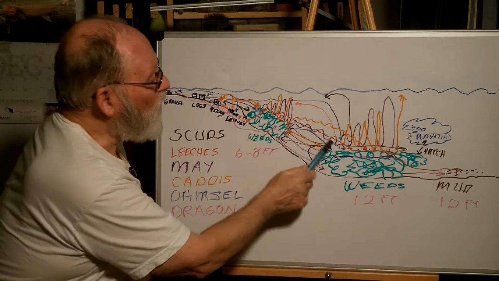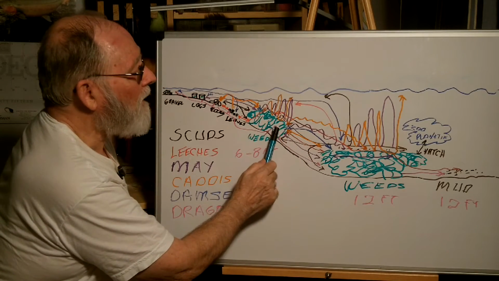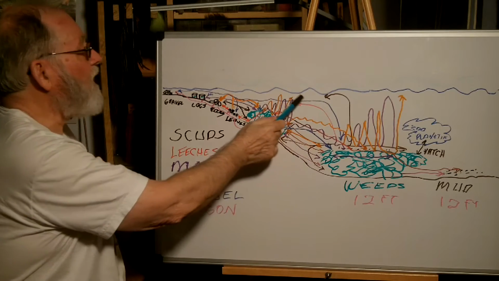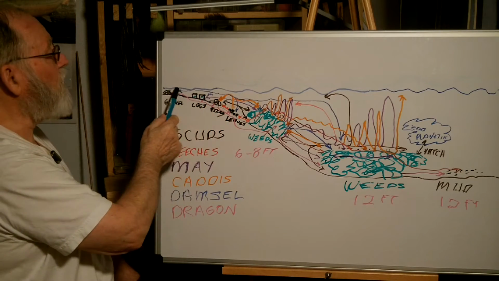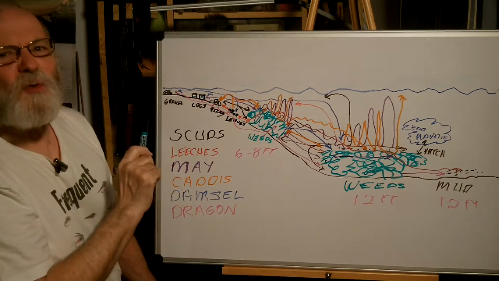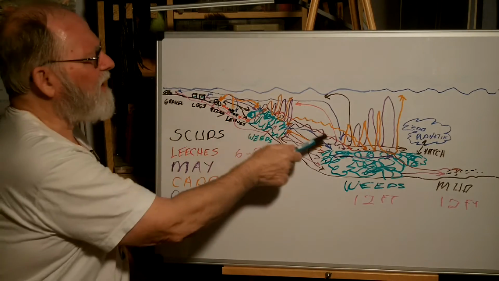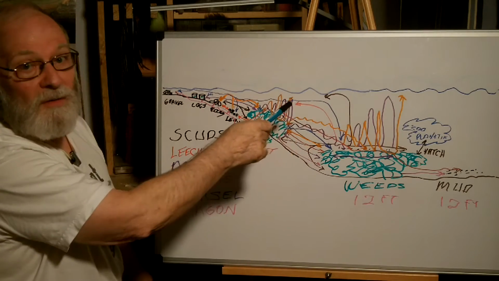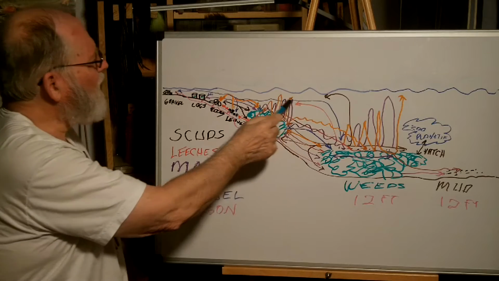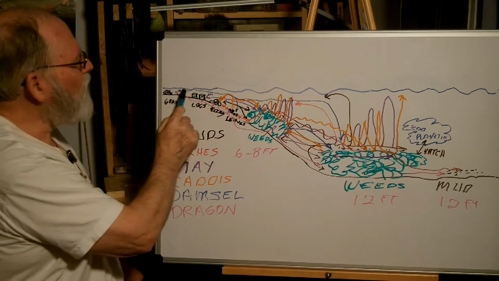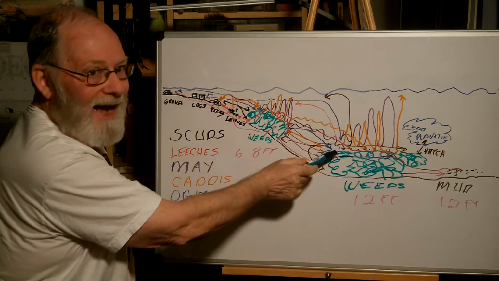Now they also move from weed bed to weed bed, and regardless of how far out they are in the weed bed, they'll still continue to move to shore to feed. Oddly enough, they have what's called a suicide move. That's because they like to come up close to the top of the lake, about 2 to 3 feet below the surface, and they'll just turn around and swim at that level to shore, and turn around and swim at level back.